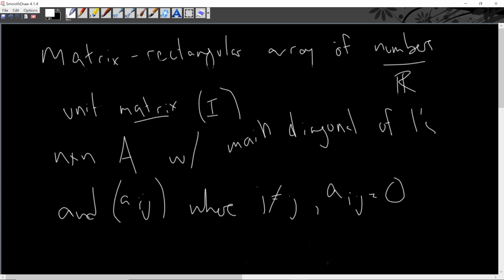So let's draw a very quick one. We have 1, 1, 1, and then zeros for every other element.